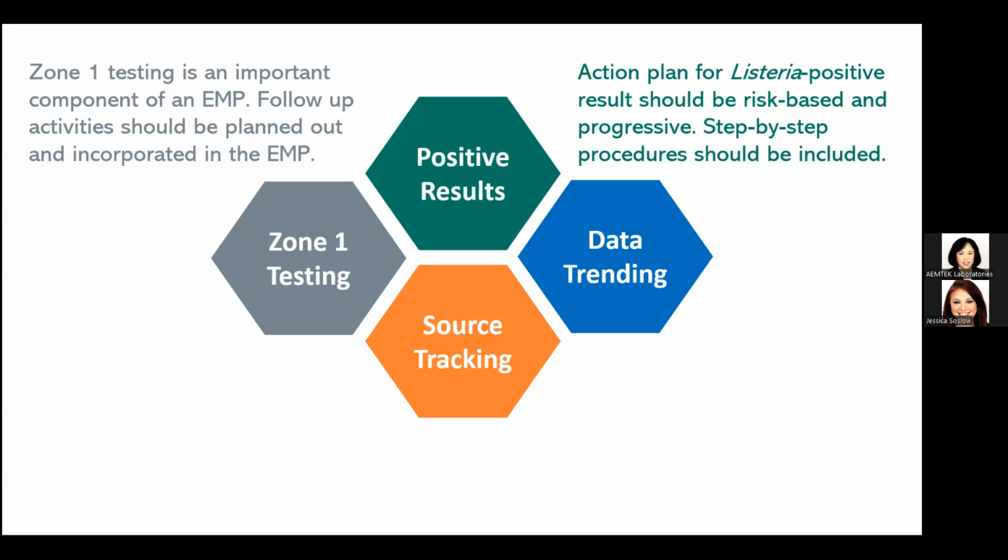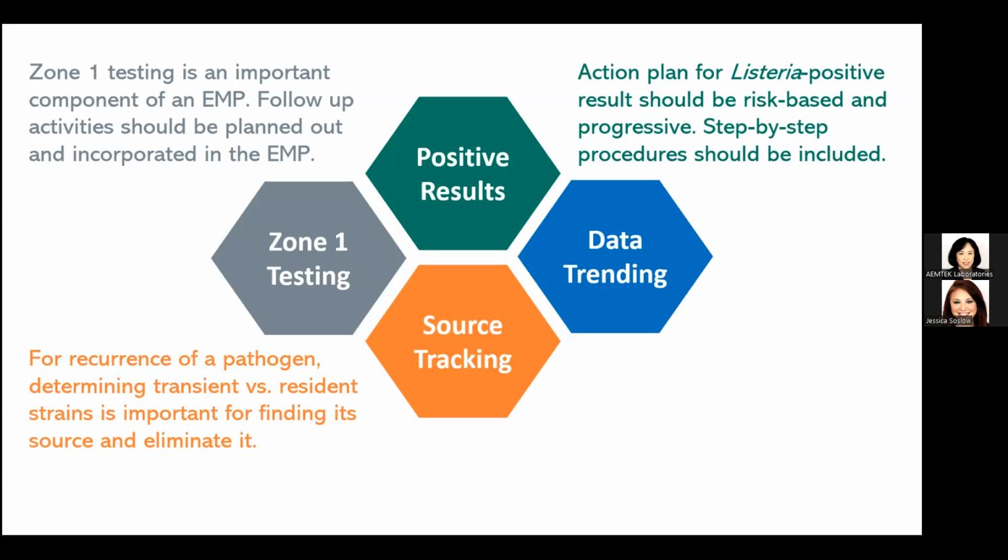The action plan for Listeria positive or other pathogen positive results should be risk-based and progressive, like step-by-step procedures that will help your team be at ease when they handle positive results.